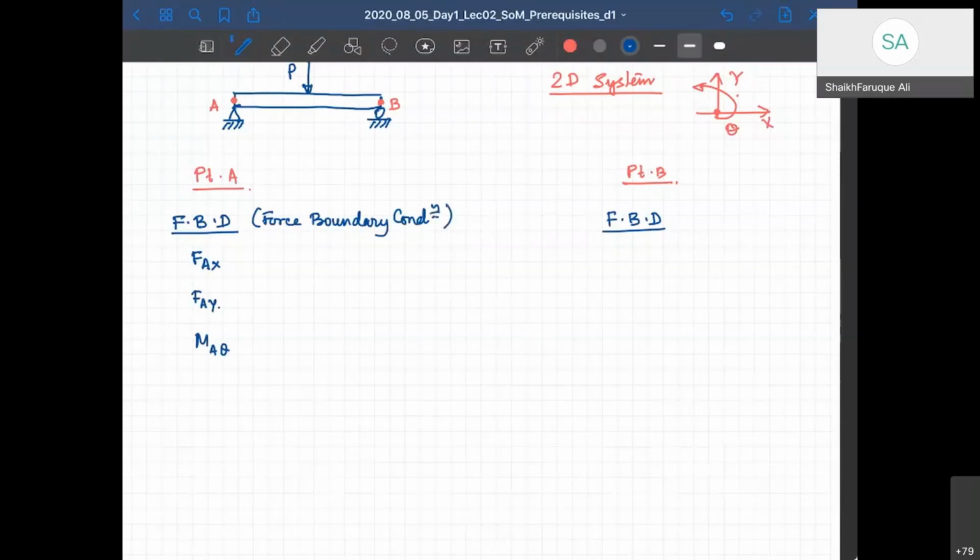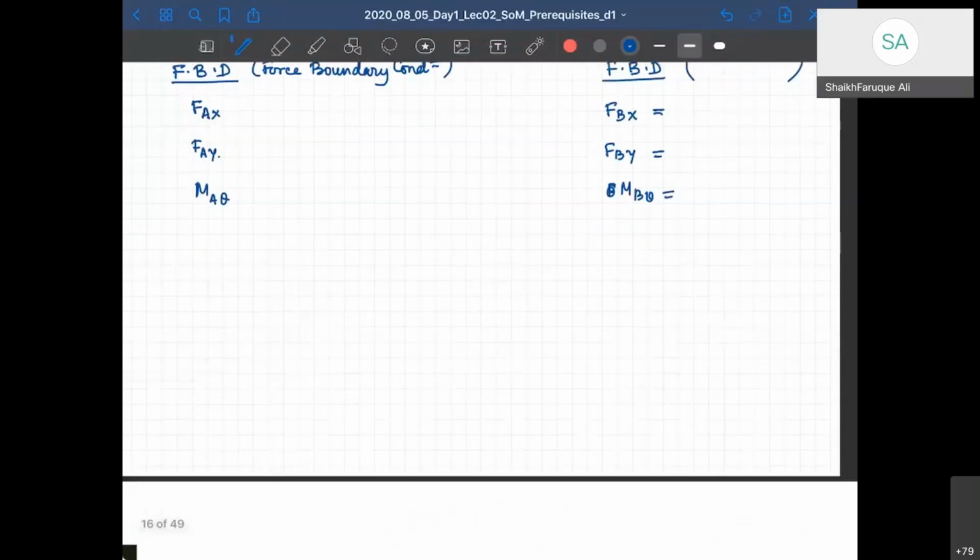Same thing here. This is F B X, F B Y, and F M B theta. And let's also look at geometric boundary conditions.